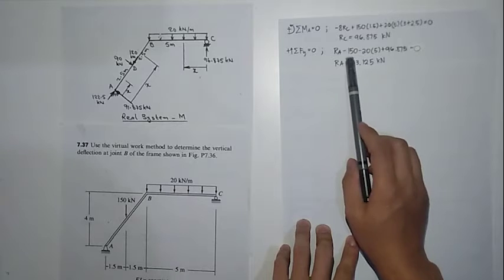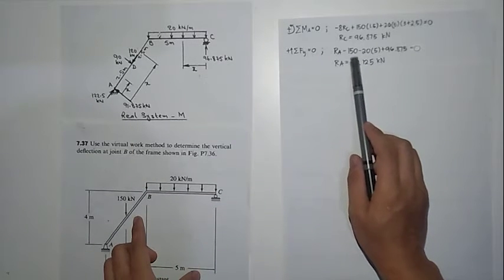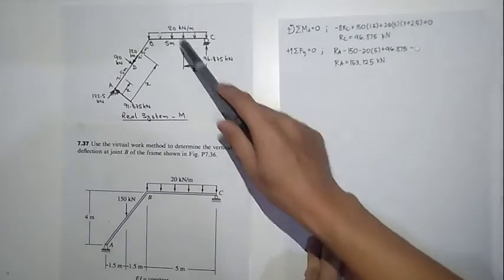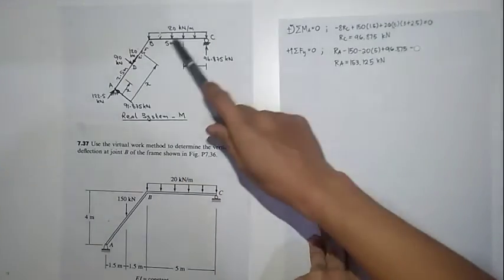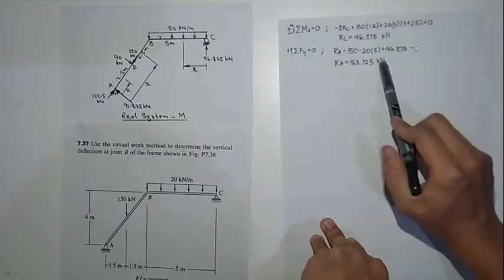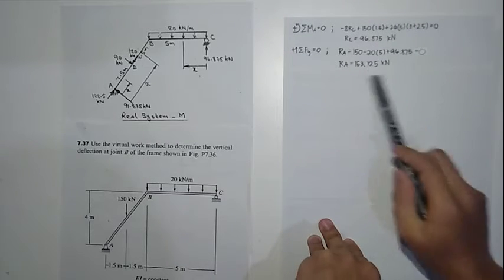So, RA is equals to 150. Ito po, pababa. Kaya, minus 20 times 5 kasi po itong moment arm po itong distributed load po na may 5 na meters plus 96.875 175 po. Ito po ang RC equals to 0.